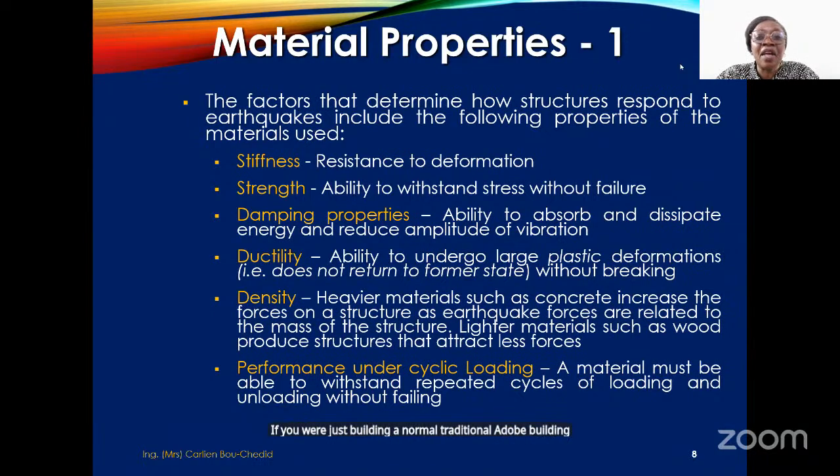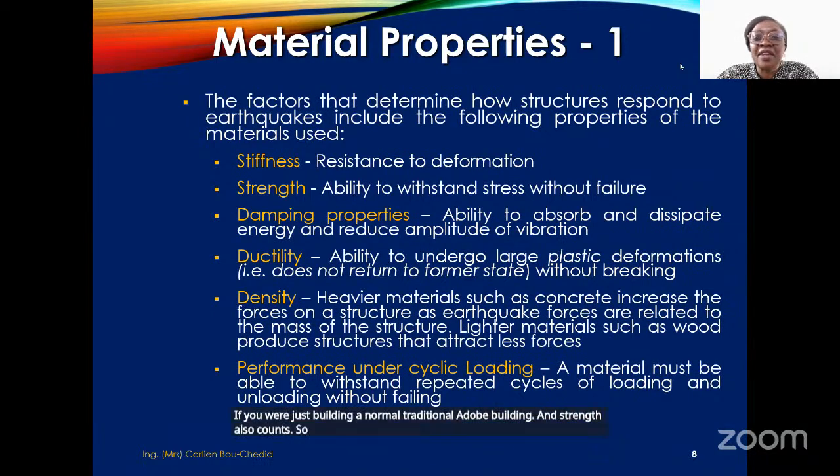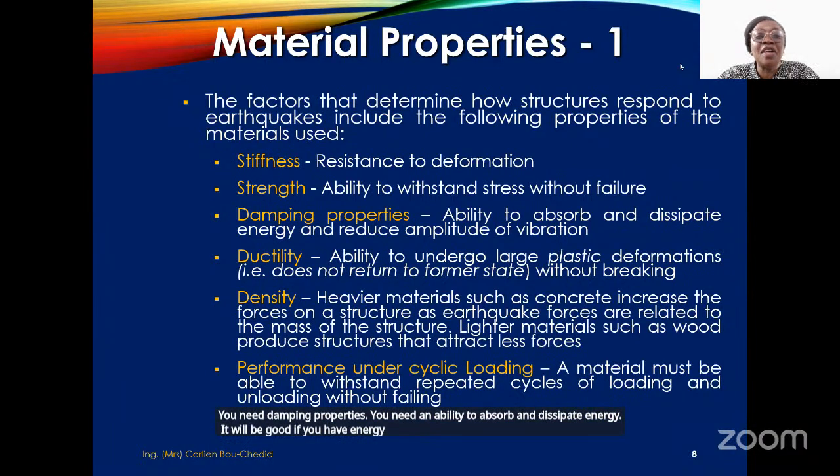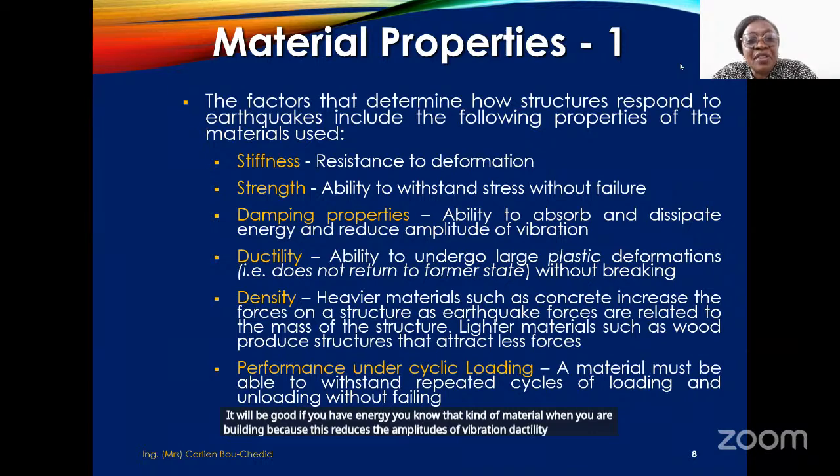Strength also counts, so the ability to withstand stress without failure is important. You need damping properties, an ability to absorb and dissipate energy. It will be good if you have that kind of material when you are building, because this reduces the amplitudes of vibration. Ductility is very, very important.